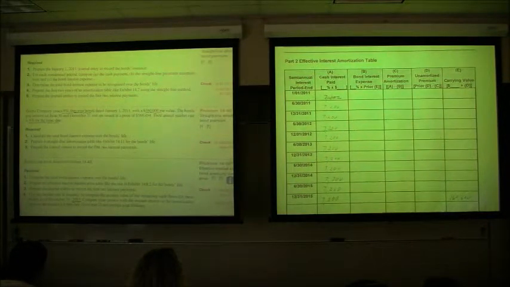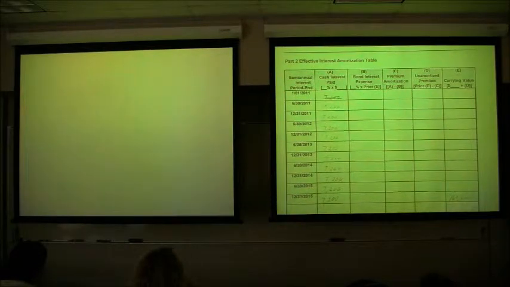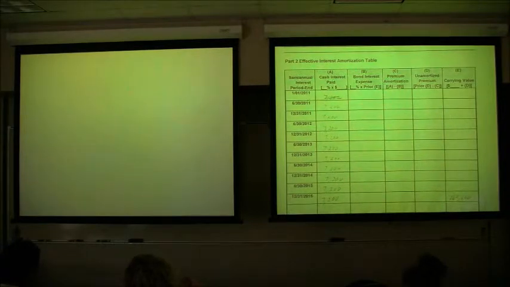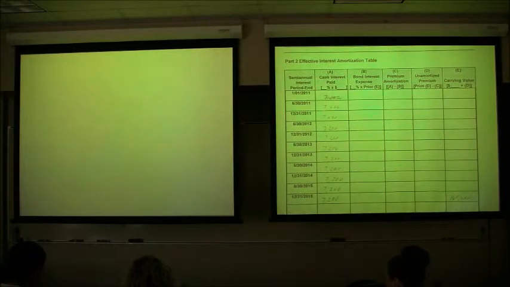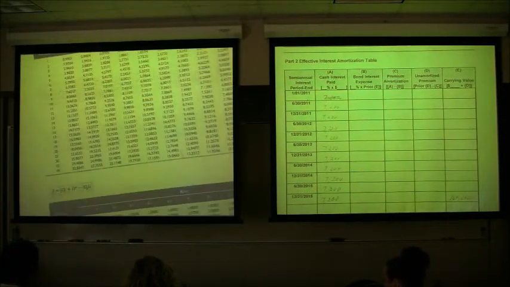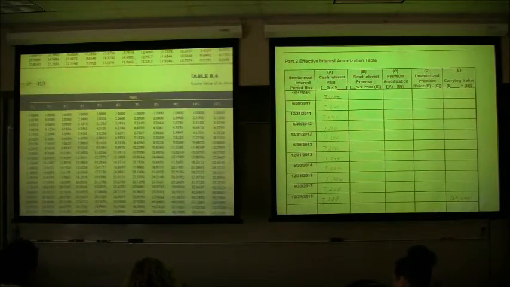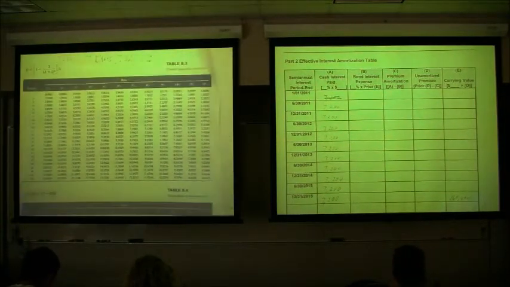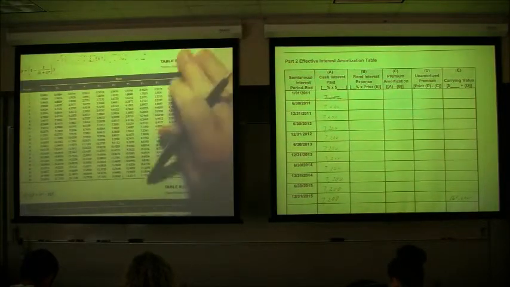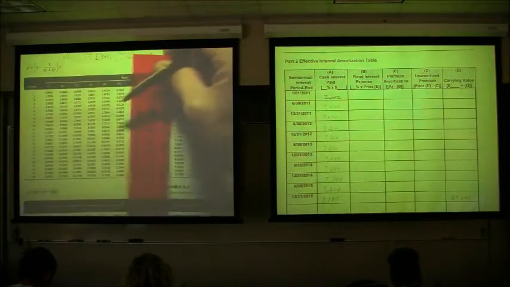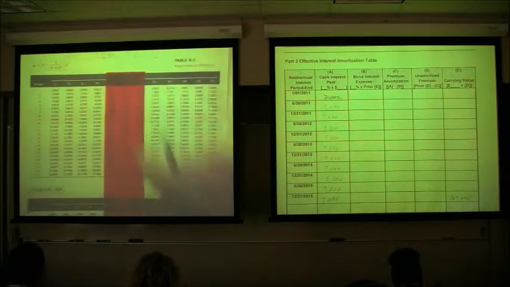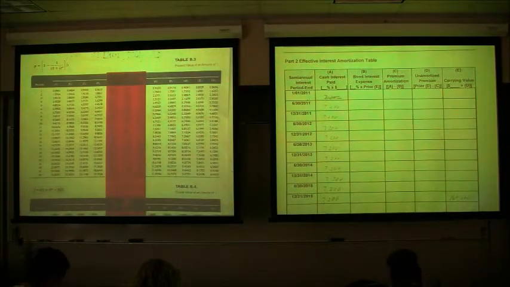Well, let's do this. You guys remember the present value tables? Here's the present value table that's in your appendix, okay? And table B3 is right here, and table B3 is the present value of an annuity. In this case, it's 4%, and the reason I'm doing 4% is because it's every 6 months, right?